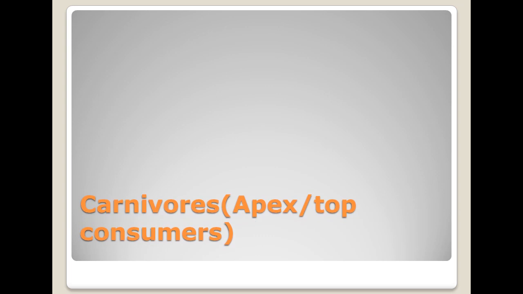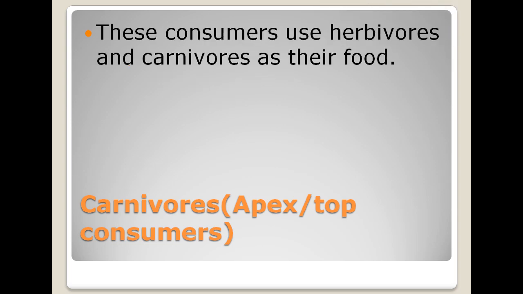The next is again carnivores, but they are called apex or top consumers. These consumers use herbivores as well as the secondary consumers, that is the carnivores that we saw in the previous slides, like owl, frog or fox, as their food.